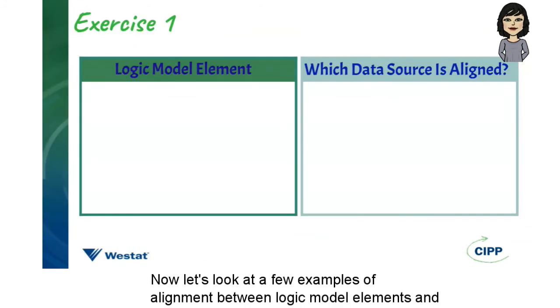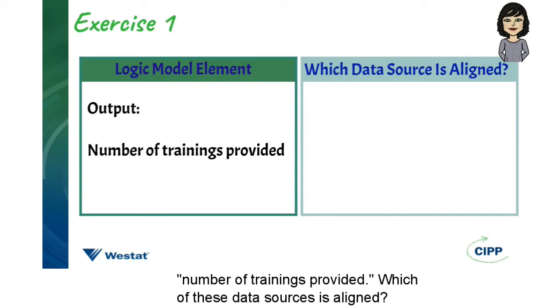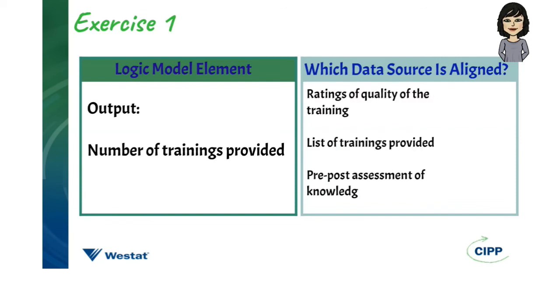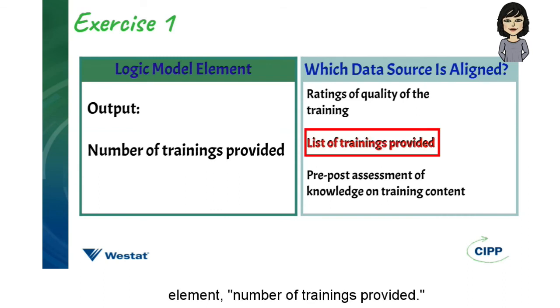Now let's look at a few examples of alignment between logic model elements and data sources. Here we see the output number of trainings provided. Which of these data sources is aligned? The data source list of trainings provided aligns with the logic model element number of trainings provided.